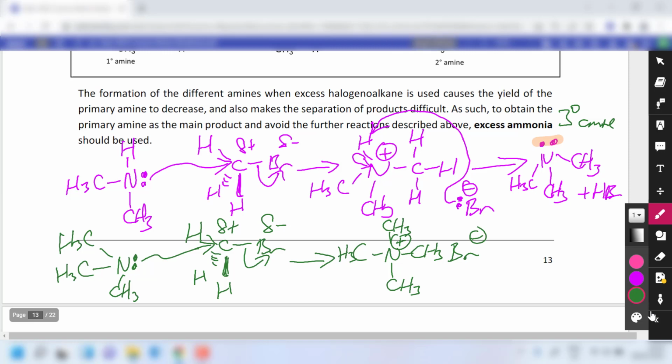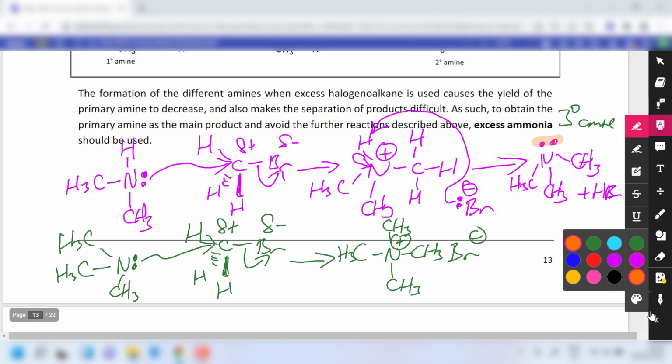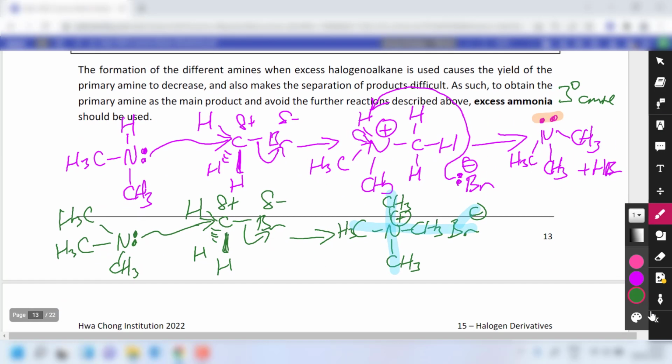I can't deprotonate it anymore. That is why these salts will be precipitated out of the system. At the end of the reaction, if the quaternary ammonium salt cannot be solvated by the system, it will be precipitated out. It really depends on the nature of the alkyl groups as well.